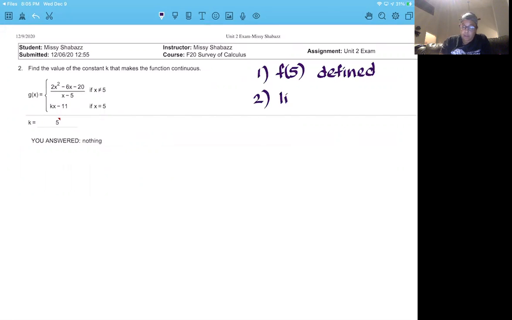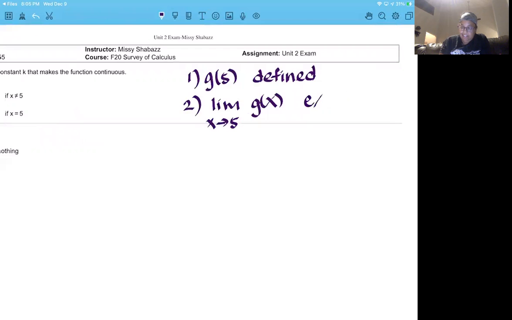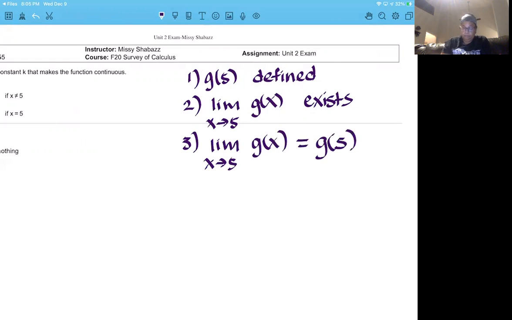Second, the limit as x goes to 5 of g of x has to exist. And third, the limit as x goes to 5 of g of x needs to equal g of 5.